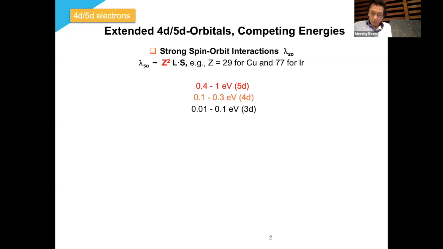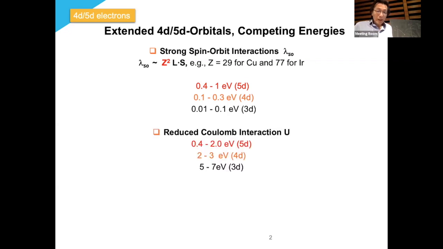And then also, these are materials that have extended orbitals, so therefore the Coulomb interactions are largely reduced. For instance, for 5Ds particularly, the Coulomb interaction U is largely reduced compared to that for 3Ds.